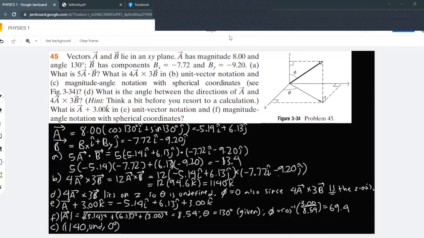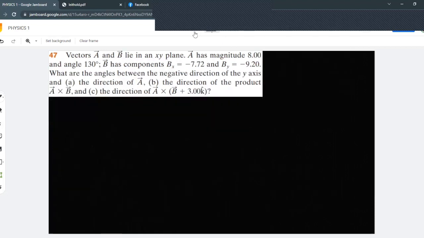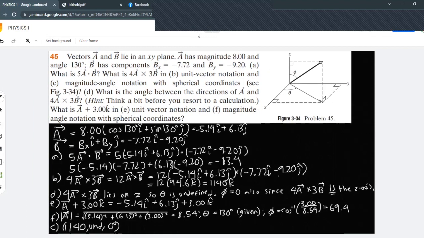Okay, ngayon, what is A plus 3K? So, dadagdag na. The magnitude angle notation with spherical coordinates. Okay, so let's look at sa F. So yung magnitude, we get that. Wait, hindi pa tapos.